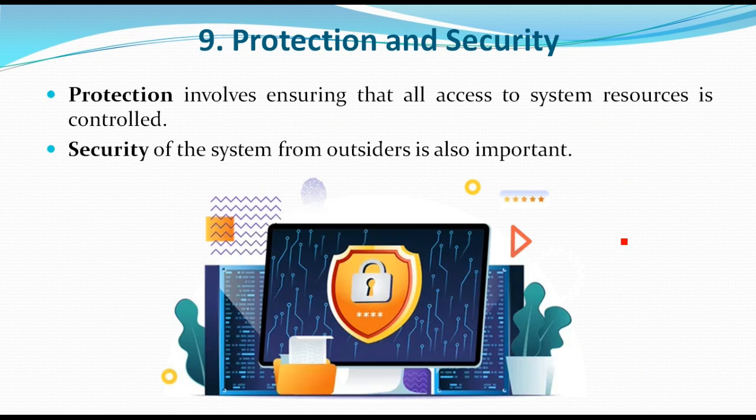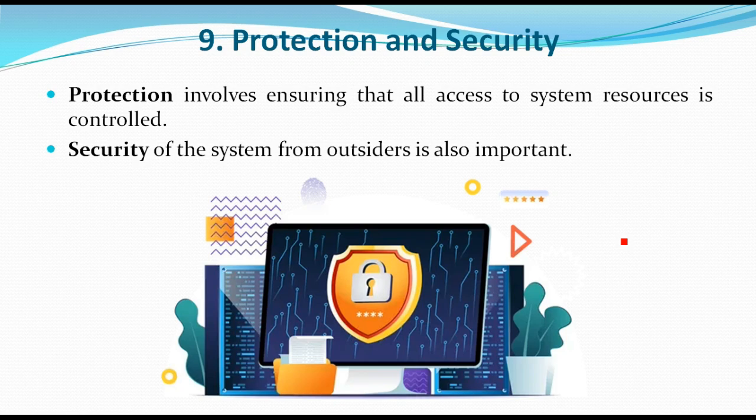The owner of the information stored in a multi-user or network computer system may want to control the use of that information. Whenever the owner wants to control the use of information, it should be protected.